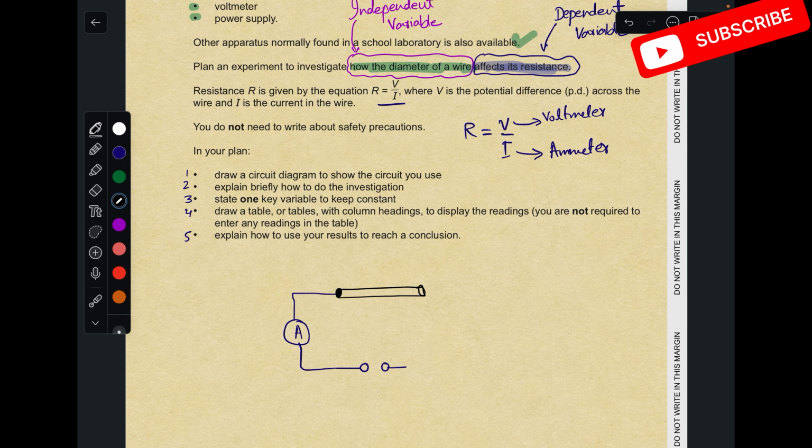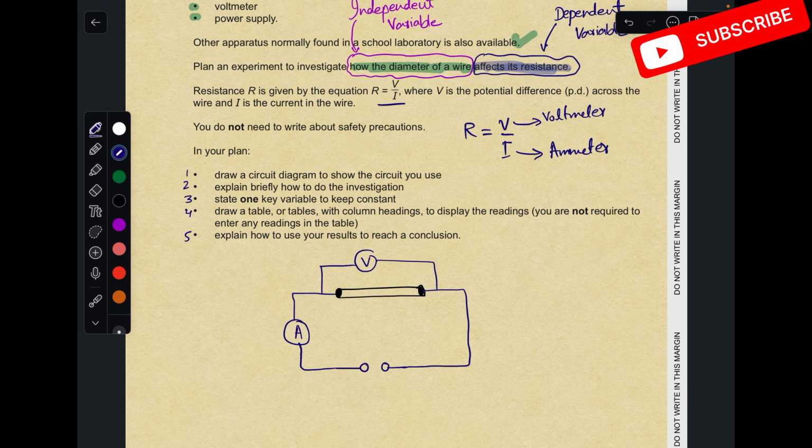Then this is the circuit. The voltmeter you also have to attach, so you can attach the voltmeter in parallel with the wire. Okay, so you have to label this.